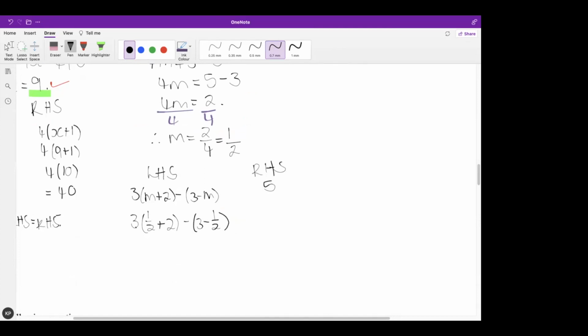A half plus 2. Let's rather change this 2 to a fraction. How can I change 2 to a fraction over 2? Two wholes means it's going to be... That's correct, Amy, but I want it over 2, not over 1.